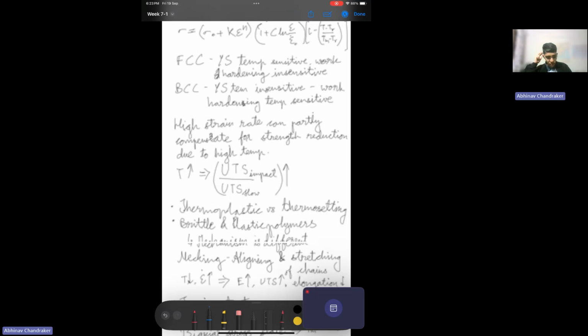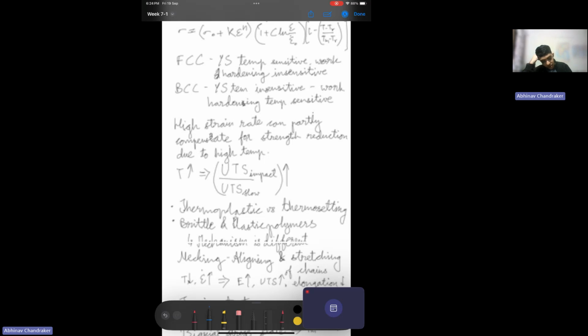So now coming to the assessment of how deformation progression is different in FCC and BCC. FCC has been observed to have resistance which is more temperature sensitive, and its work hardening region is less temperature sensitive.